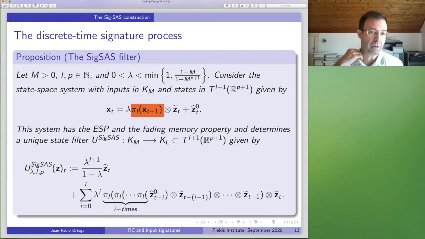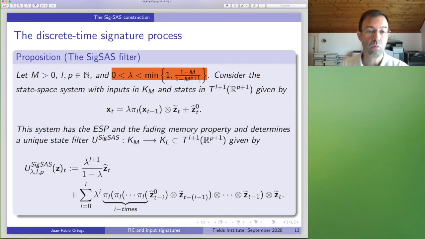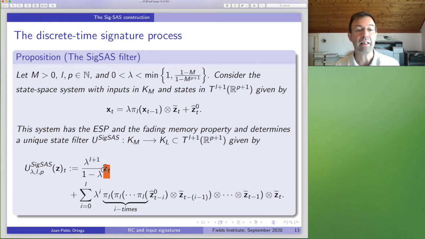So for reservoir computing people, you know that this echo state property, fading memory property, these are desirable properties. So what we can prove is that if you choose the lambda in such a way, then this state equation satisfies the echo state property and the fading memory property. Therefore you have a unique solution, and the unique solution is basically this C_t hat that I showed you before.